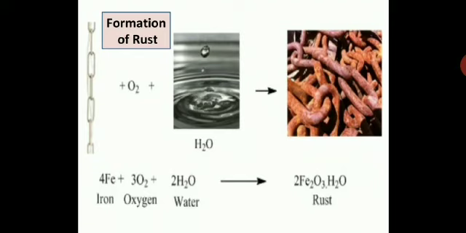Fe2O3 dot H2O is the formula for rust. So please take down this chemical equation in your notebook, children.